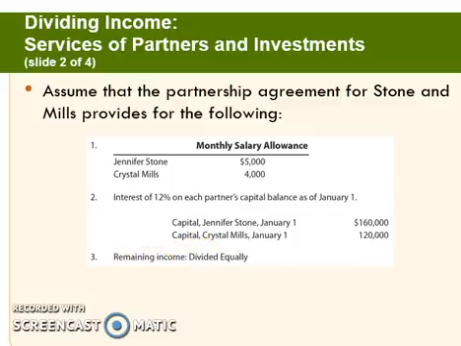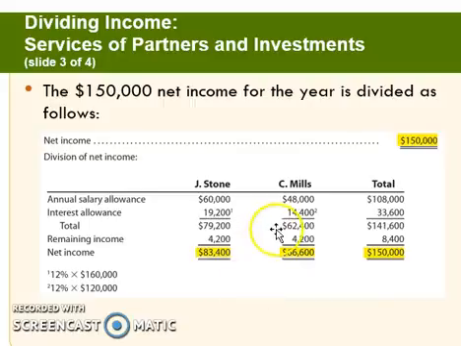Let's look and see what this looks like. We still start off with our $150,000, and then we give them their salary allowance, and then we do this new line item called interest allowance. We take their beginning capital times the percent that they agreed upon, and we put that towards their net income. Then we do this calculation to see how much remaining will be split up 50%. So 108 plus 33 means that we've already allocated out $141,600.